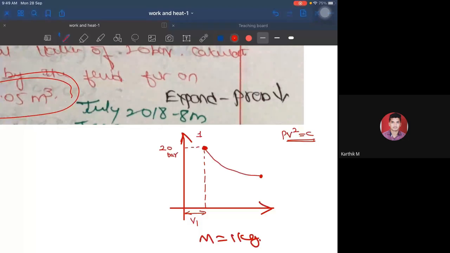That means, suppose I assume this as 5, and it will expand up till when? Up till the volume is 10. Suppose this is a volume 5, and it will expand up till when? Until the volume is doubled.